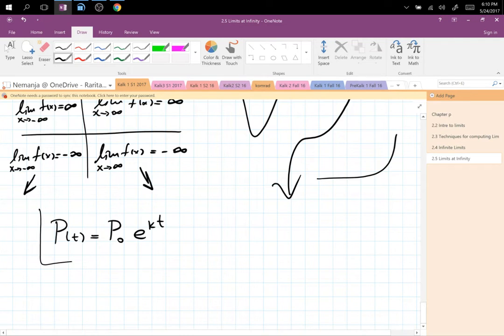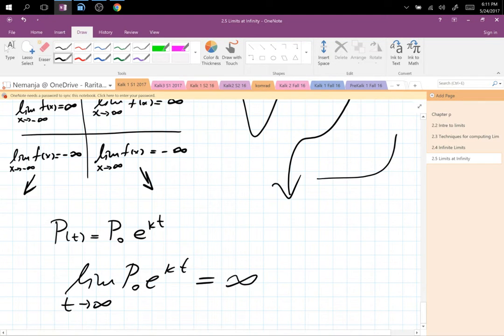Because if this formula is going to predict the population of humans on Earth, well, the limit of p0 e to the kt as t goes to infinity is infinity, right? And now this is how we know that this model is not good, because we know that the planet cannot sustain infinitely many people on it, right? There is the carrying capacity of the planet. So I will touch upon that eventually. So we know that this model is bad for long-term calculations.